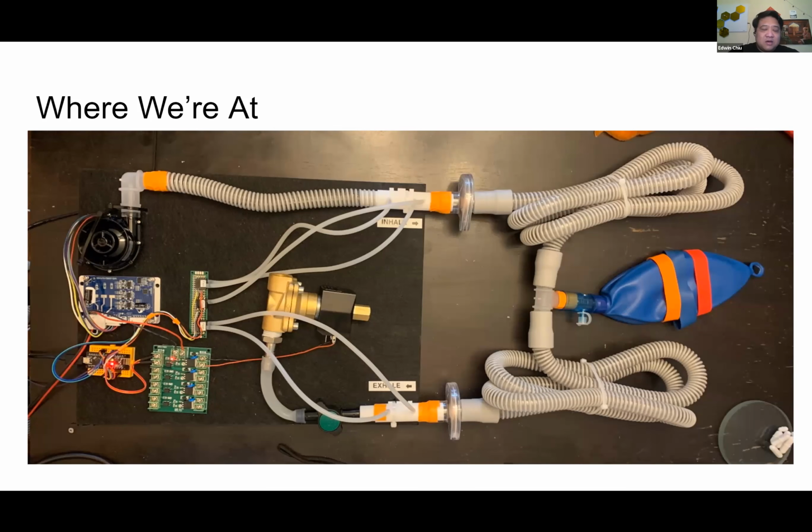But we have at least working models, if not the things that we actually want, for the inlet and outlet flow sensors, pressure sensor, outlet orifice, outlet solenoid, the blower and drive electronics, and the Arduino controller, and it's all hooked up to a test lung over here.